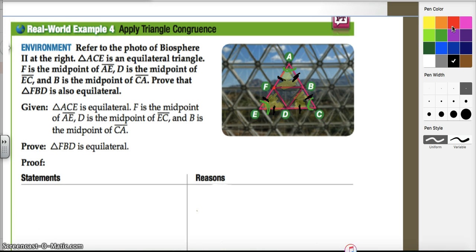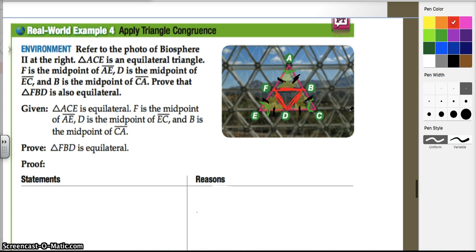Once you get that, you can then say that FD and DB and FB are all congruent because corresponding parts of congruent triangles are congruent. Now that you've got these three sides congruent, then you can talk about the fact that this triangle, triangle FBD, is an equilateral triangle. It is long-winded, but I want you to be able to take a look at it and understand it in your text.